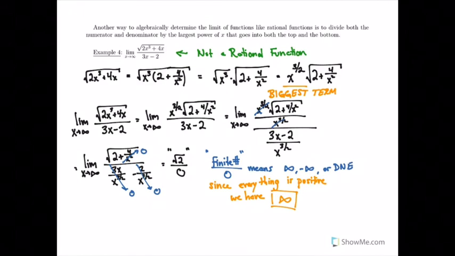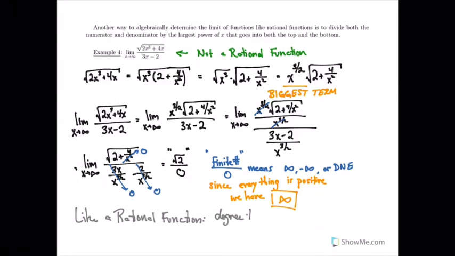All right, just to be clear, this is kind of like a rational function where the degree of the top is 3/2 and the degree in the bottom is 1.